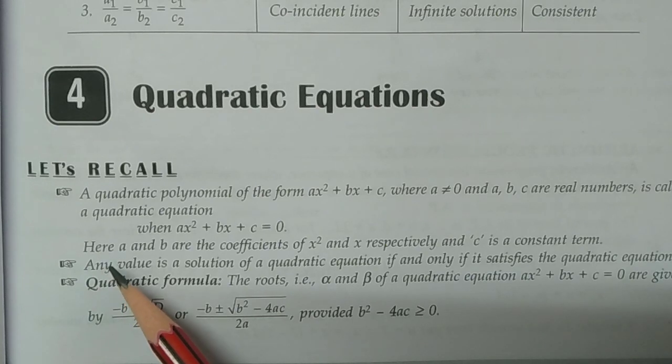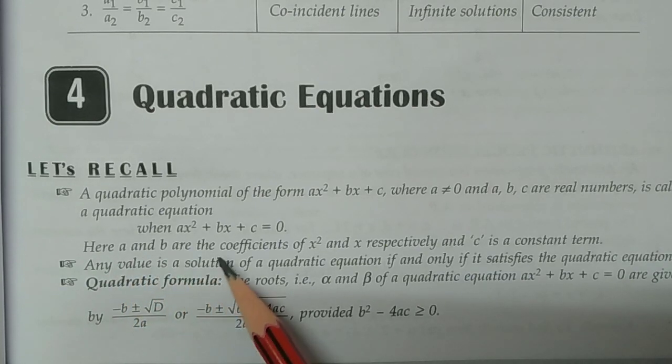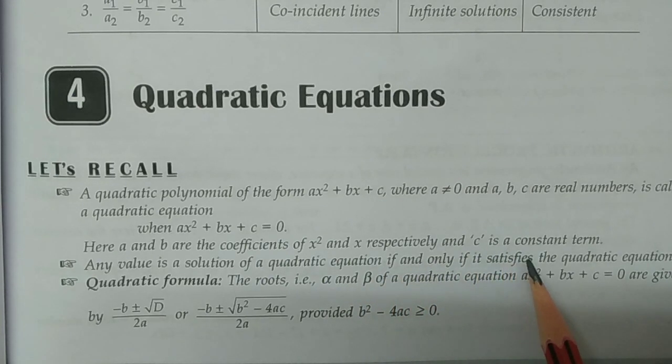Next, here a and b are the coefficients of x square and x respectively, and c is the constant term. Any value is a solution of a quadratic equation if and only if it satisfies the quadratic equation. Next, the quadratic formula.